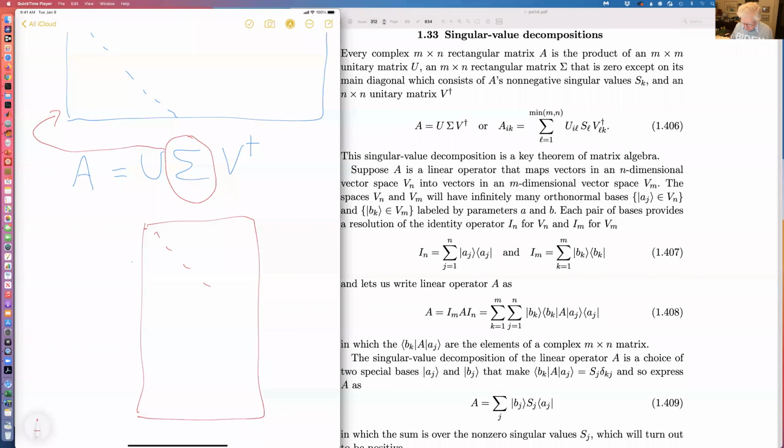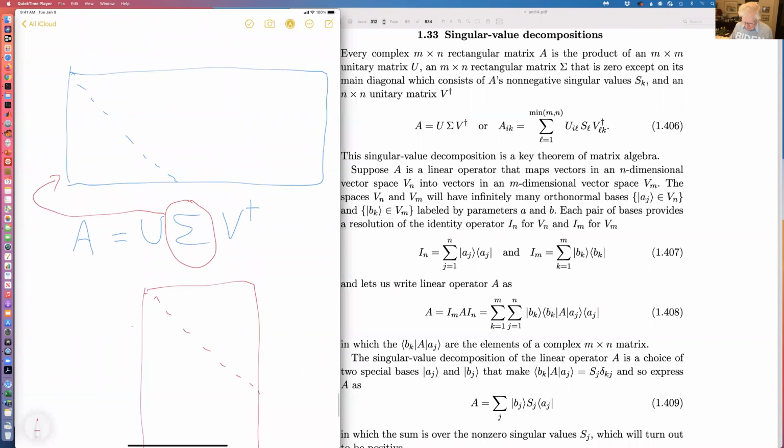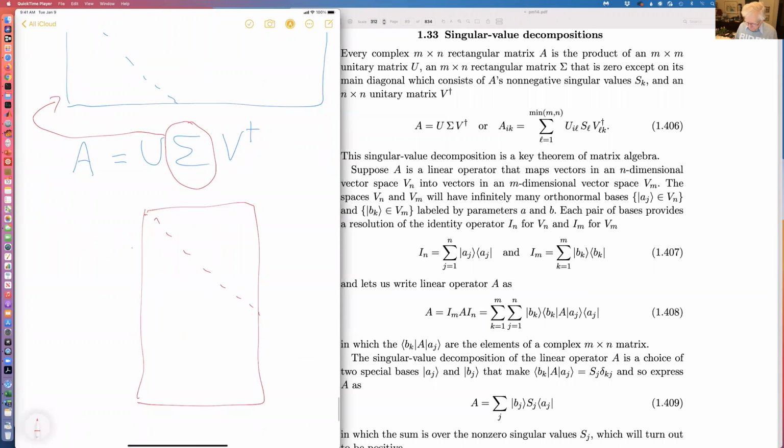The non-zero entries are either on this diagonal or that diagonal if it's not square. If it's square, of course, they're directly on the main diagonal. U is unitary, V is unitary, and just by convention, one writes that as V dagger.